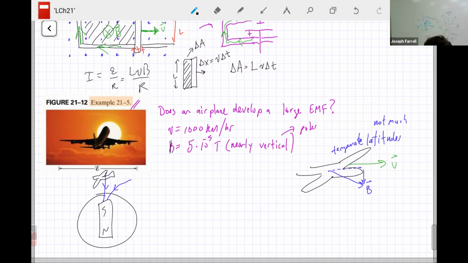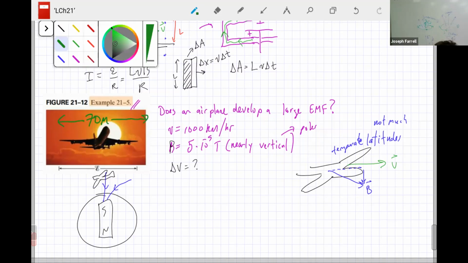All right, let's go back to the problem. We've got the speed and the magnetic field. What is the potential difference? We've got a 70-meter distance there.